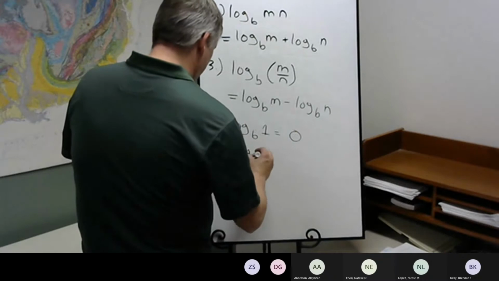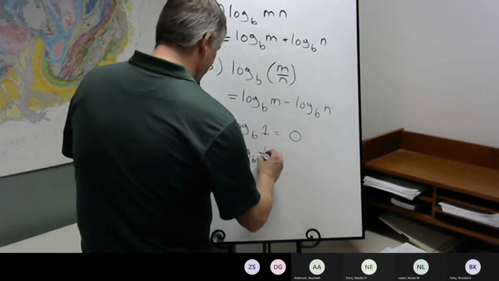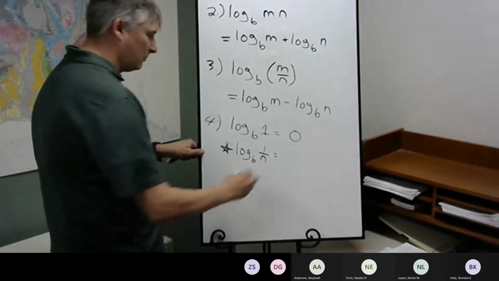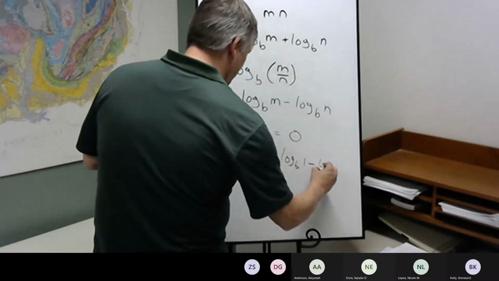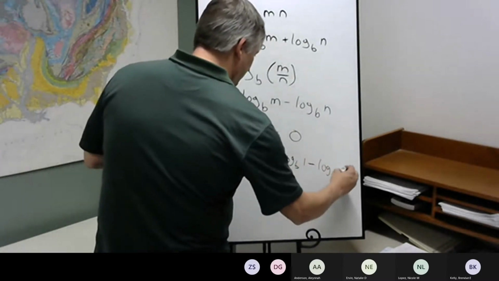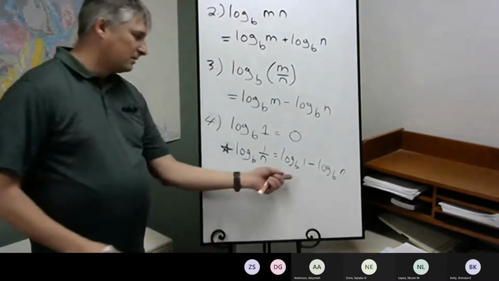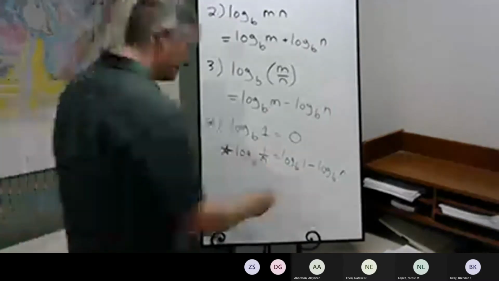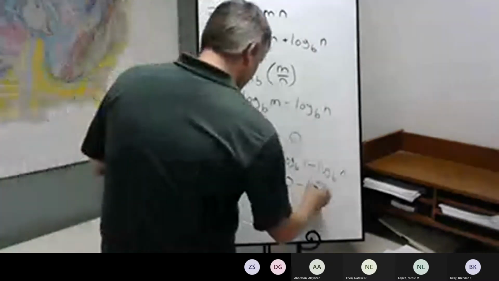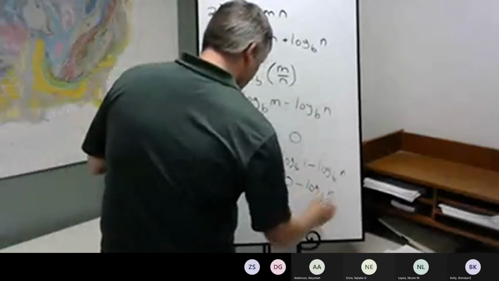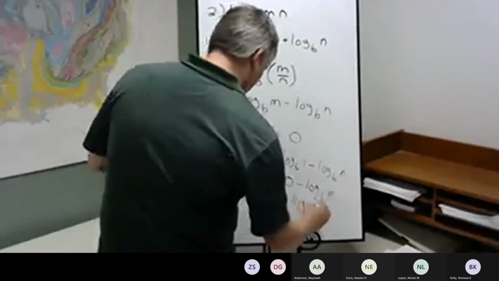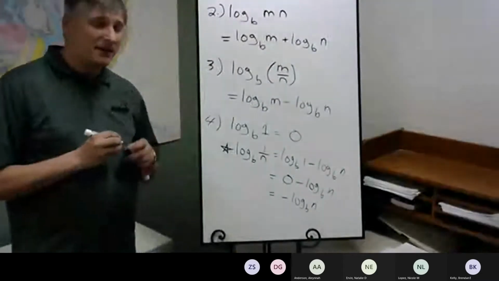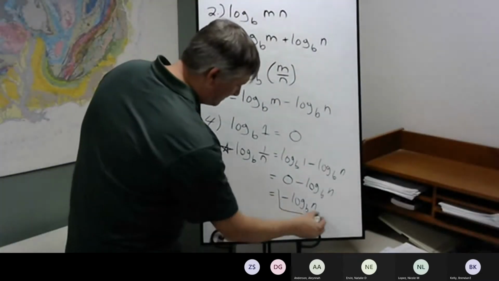If you take log base b of 1 over n, well, that's log base b of 1 minus log base b of n. That's going to be 0. You're going to get that.